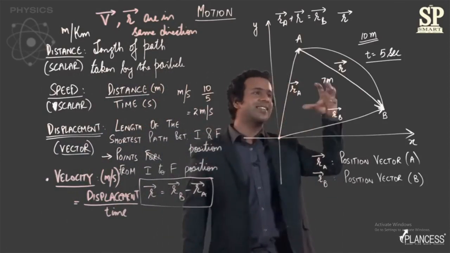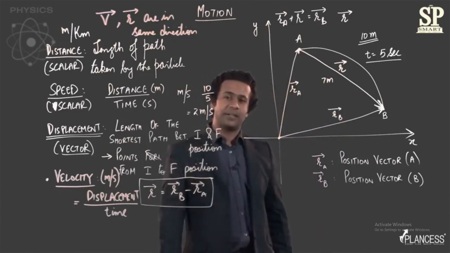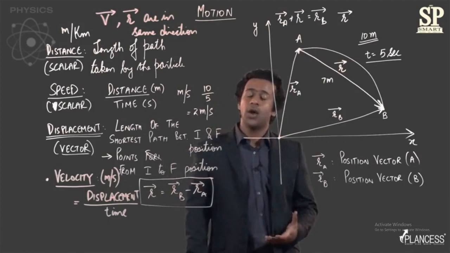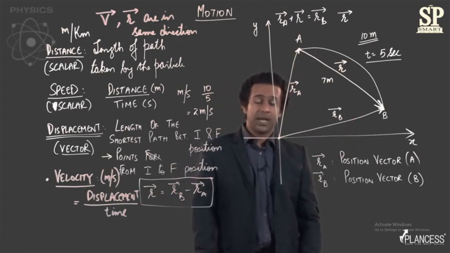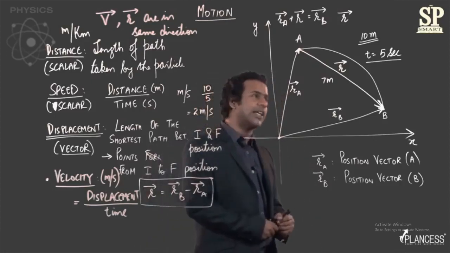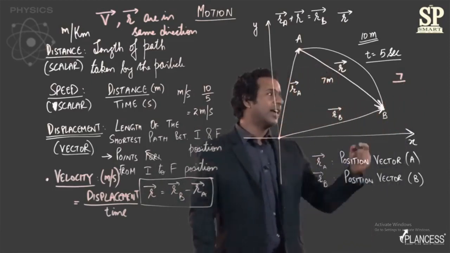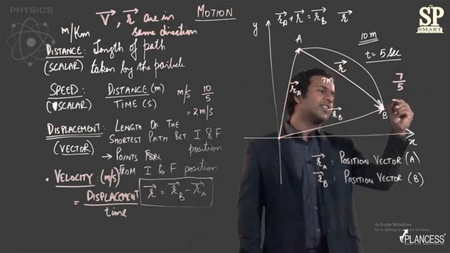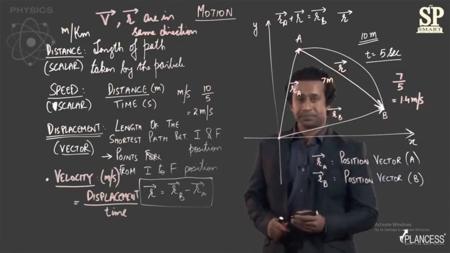So let's understand that in our example, we had seen that the displacement is 7 meters. We also saw that the direction is in the direction of an arrow pointing from A towards B. Now to find the magnitude of velocity, we need to do displacement, which is 7 meters divided by time. So this gives you a value of 1.4 meters per second.